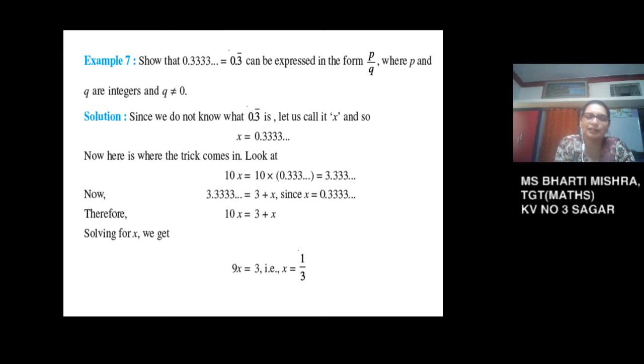You can understand how this plus x on the right hand side is shifted towards the left hand side, that is 10x minus x comes to be 9x. So 9x is equal to 3 and the value of x comes to be 1 upon 3. Hence the number 0.3 bar, that is 0.333 and so on, is a non-terminating recurring decimal and we have converted it into 1 upon 3, and this is a rational number because it is written in the form of P upon Q.